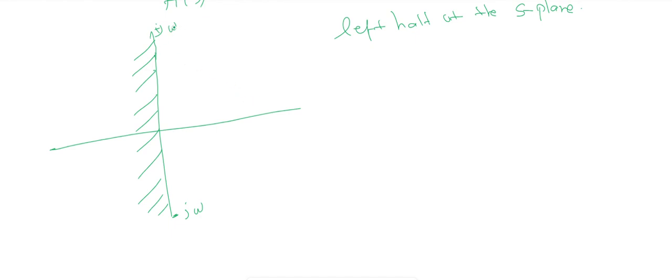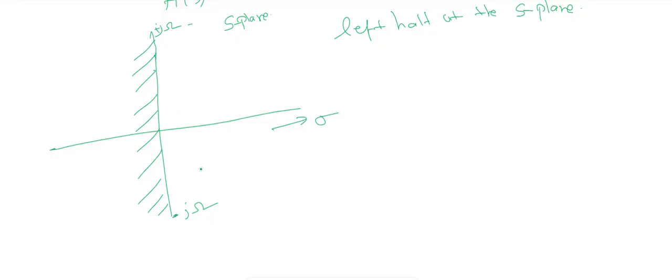On the S plane, the axes are j omega, plus j omega and minus j omega, and this is sigma. How are the poles located?